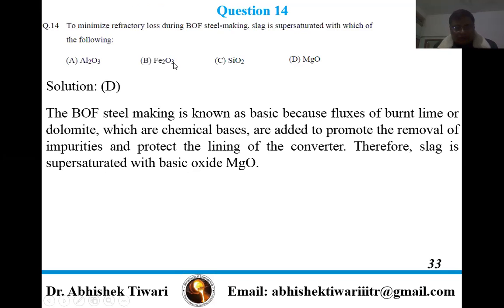Al2O3, Fe2O3, SiO2, MgO. BOF steel making is known as basic because fluxes of burnt lime or dolomite, which are chemical bases, are added to promote the removal of impurities and protect the lining of the converter. Therefore, slag is supersaturated with the basic oxide MgO.